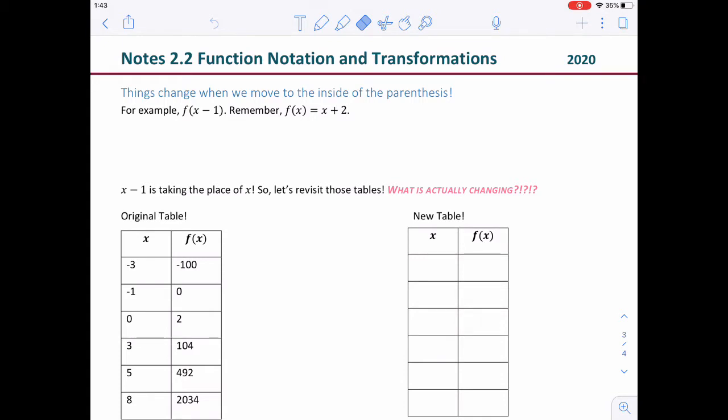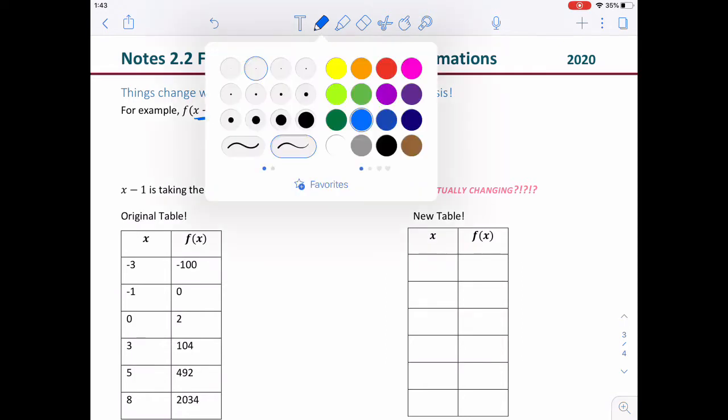So for example, what if we looked at f of x minus 1? So we actually want to use our original function, which was 4x cubed minus 2x plus 2. So what happens when we put x minus 1 inside? And so this is where it gets a little bit complicated.